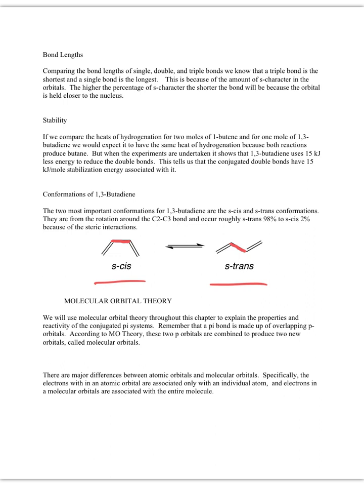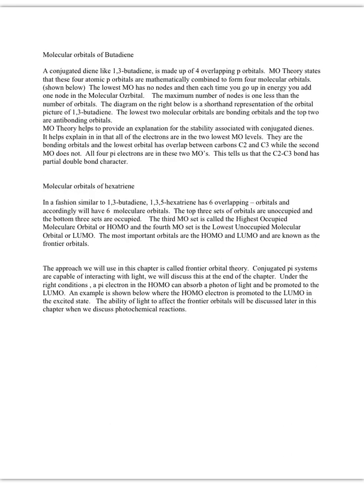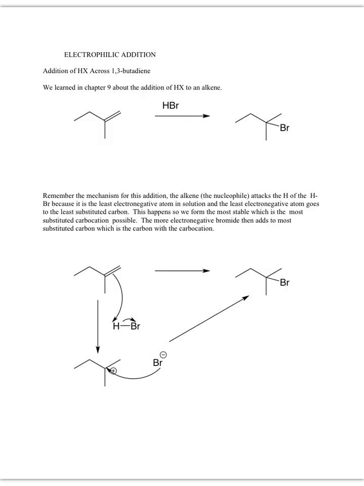Of the two, it prefers to be in the s-trans configuration just because of steric interactions, but it will go into the s-cis. Read through all of the talk here about molecular orbitals, and we'll talk a little bit about that later when we get into aromatics, but not a lot.